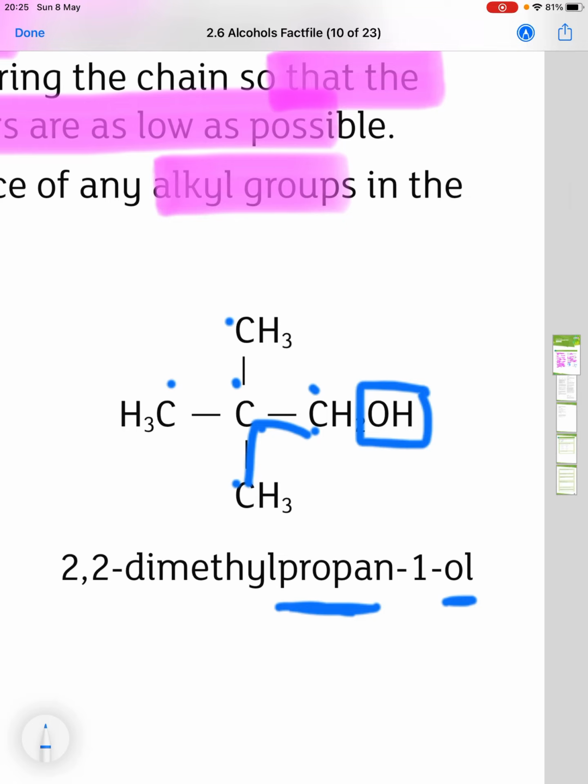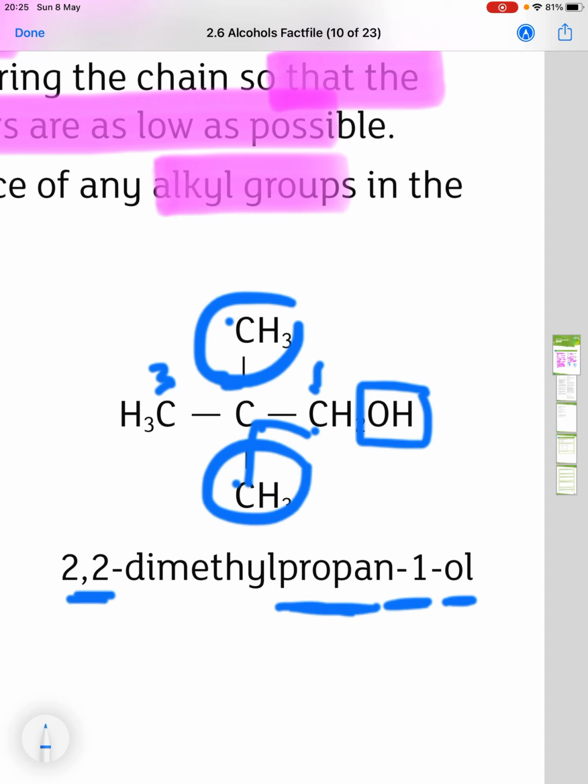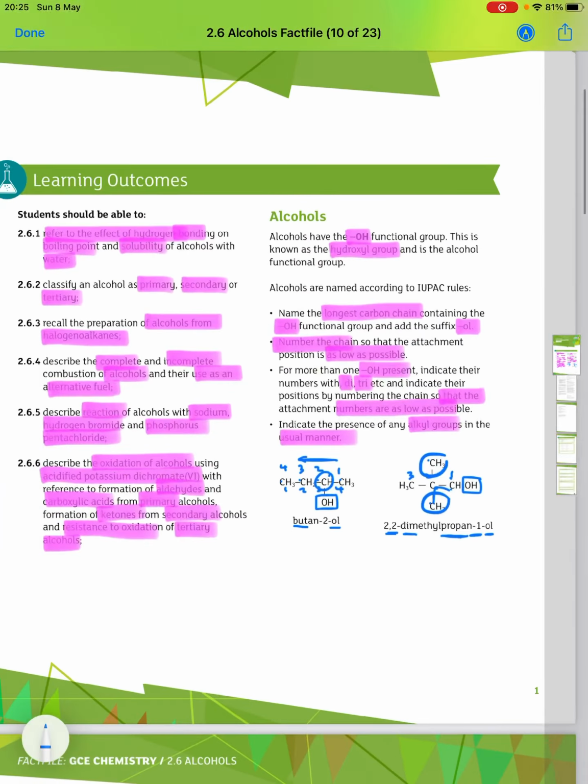We want the lowest possible number of the groups, so we're going 1, 2, 3, so that gives us propan-1-ol, and then both these methyl groups are attached to the 2, and it's dimethyl because we have 2 of the CH3 groups. So 2,2-dimethylpropan-1-ol.